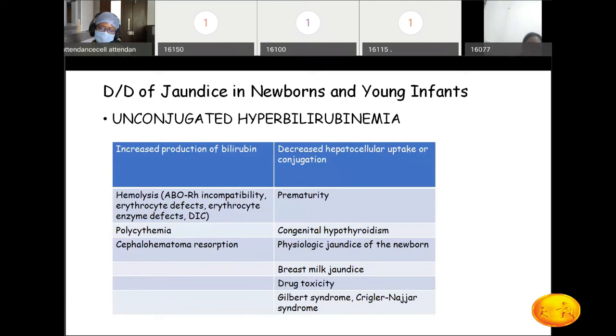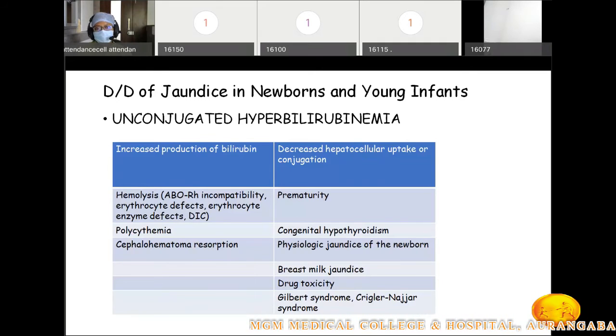If somebody gets delivered outside, the cord is not clamped early, you might get polycythemia. Cyanotic heart diseases can also present with polycythemia. So when the total number of RBCs in circulation is very high, obviously the number getting destroyed will also be a little bit on the higher side, and this too might result in increased production of indirect bilirubin.